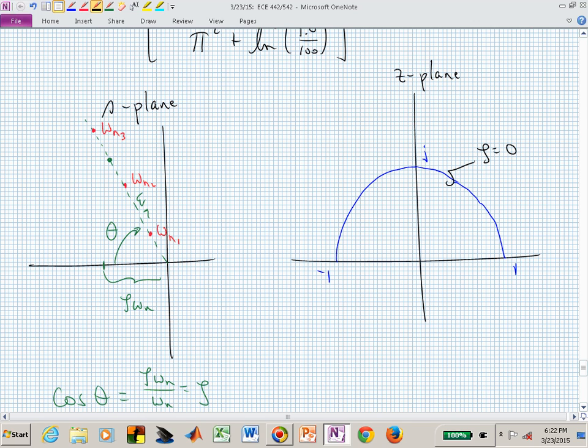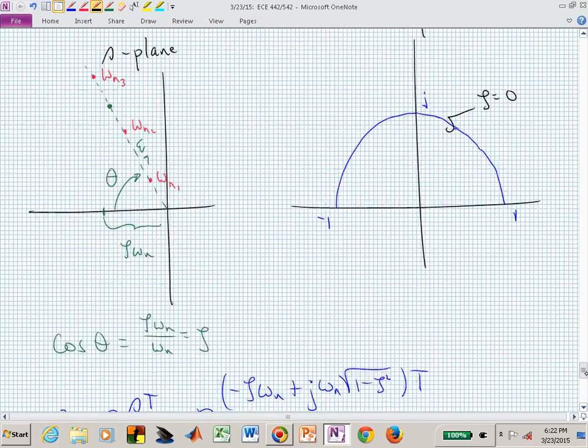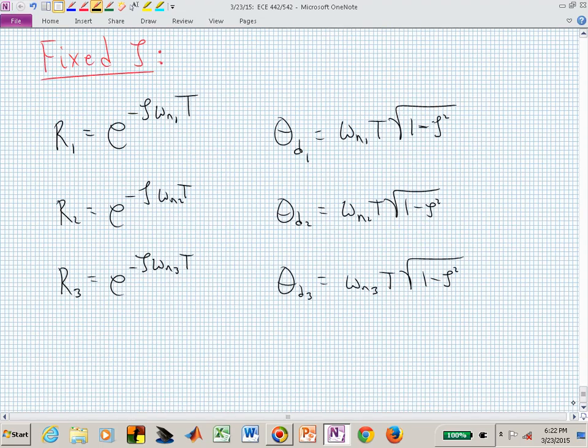For those omegas, is it clear what's happening to the different R's? R3 is less than R sub 2 is less than R sub 1. R sub 1 is the biggest. Is that true? As the natural frequency gets bigger, the R's start getting smaller.